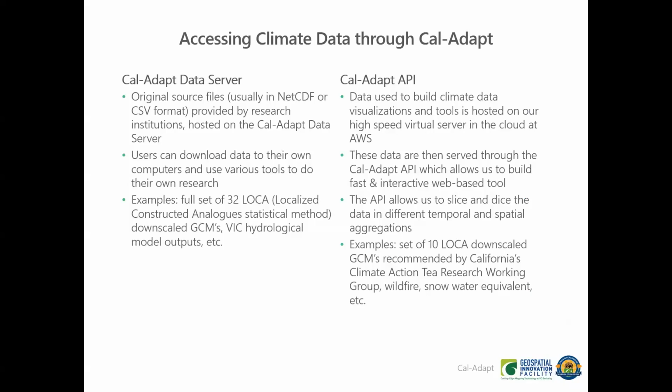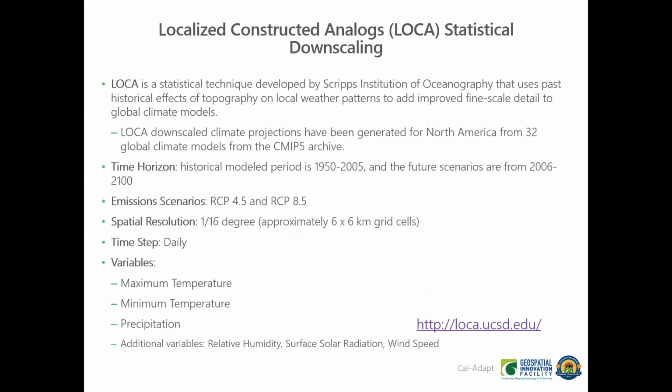See, I spelled that wrong. As well as many other different climate layers. But that's a subset of that entire data set. So if somebody wants to work with the full data set, they can go and download the NetCDF data. We are working with the recommended models within the API, and I'll talk a little bit more about that.